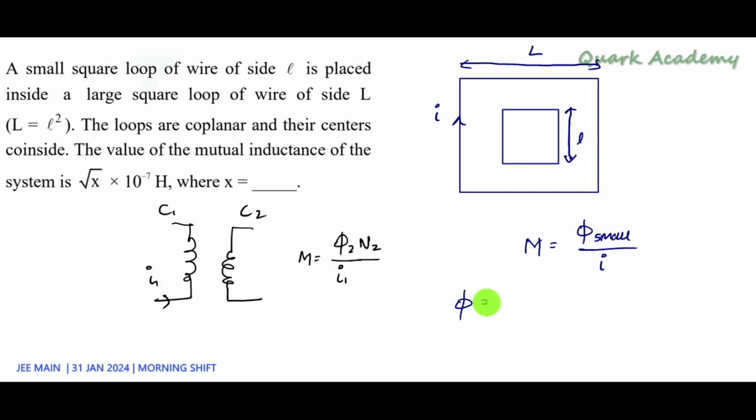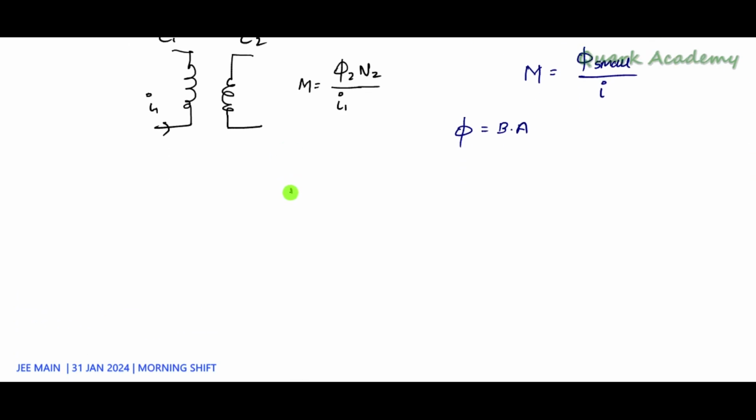How do you write magnetic flux? It is magnetic field times area. Which one is giving the magnetic field? The bigger one. So let's take only one side of it. Current I is flowing, and due to this, let's find the magnetic field at the center, which is L by 2 distance from this side.